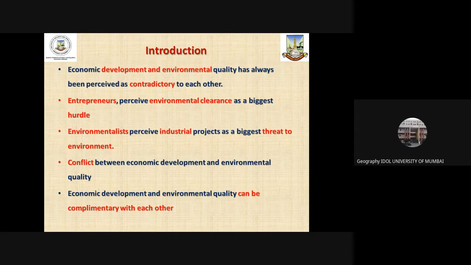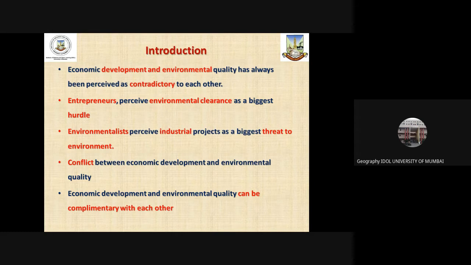On the other hand, environmentalists perceive industrial projects as the biggest threat to the environment. So the perception changes when you move from entrepreneurs to environmentalists. Environmentalists feel that industries are posing more threat to the natural environment, or the quality of the natural environment.